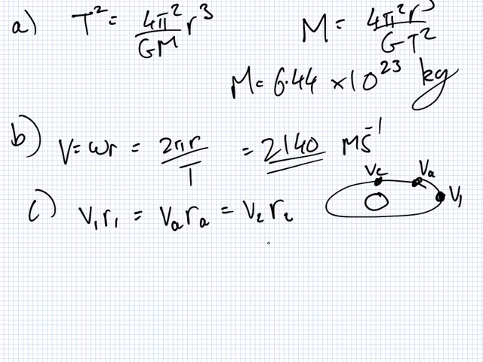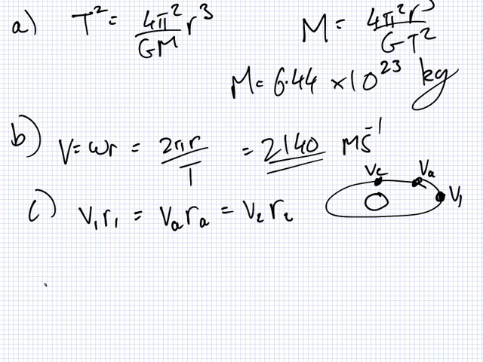Okay, so I said that the radius can change by up to 10%. So that would mean V1 would equal R1 over, or A over R1 times the average. I want to use letters so I don't get mixed up.